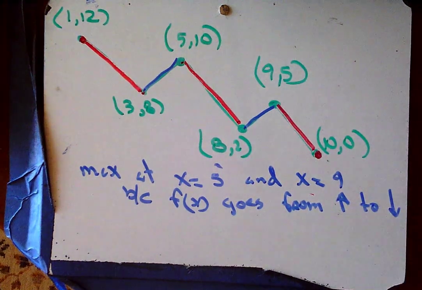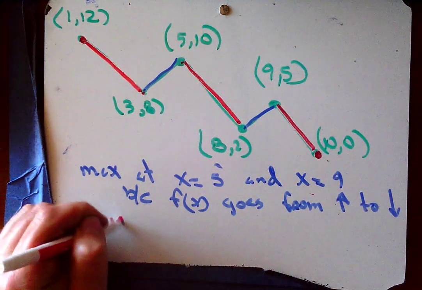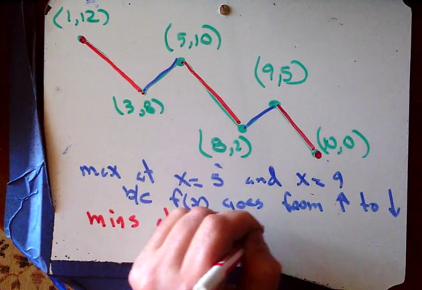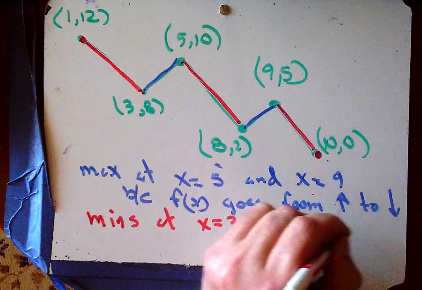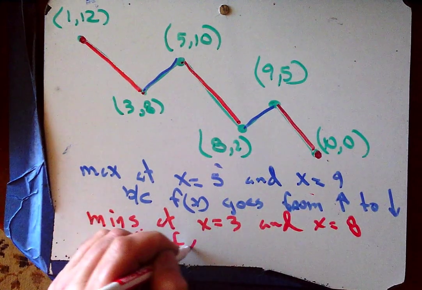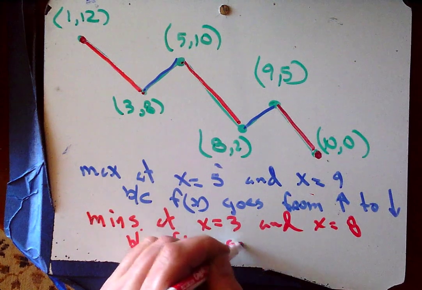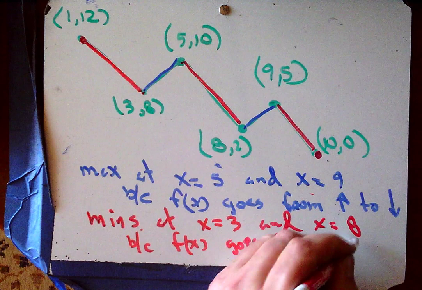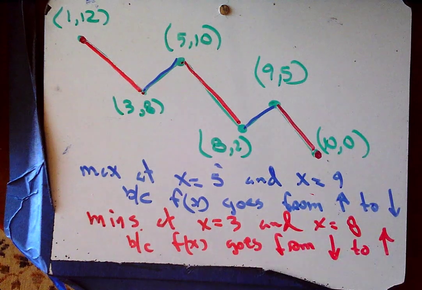And I know that there's mins to be found at x equals 3 and x equals 8 because f of x goes from decreasing to increasing. But are those the only mins and maxes?